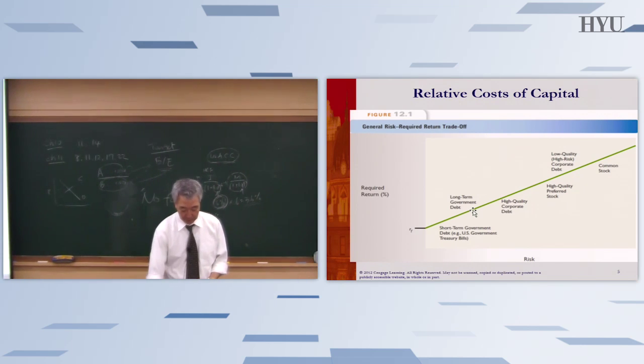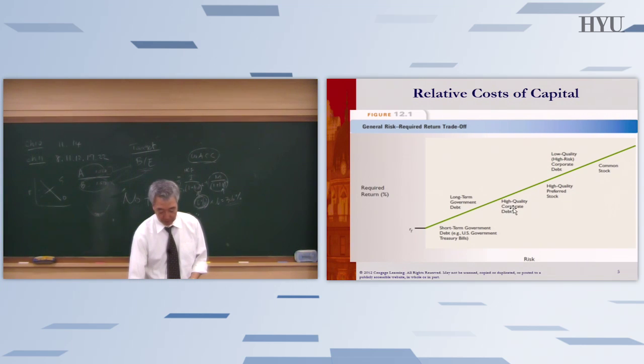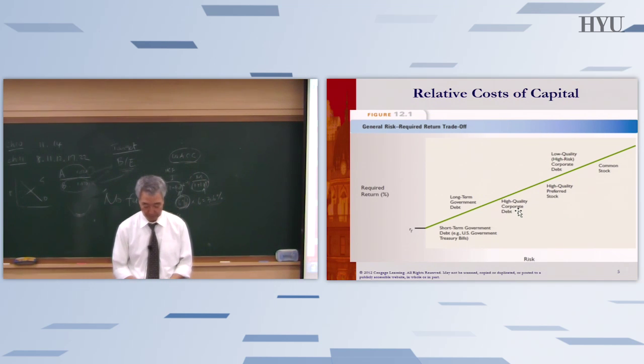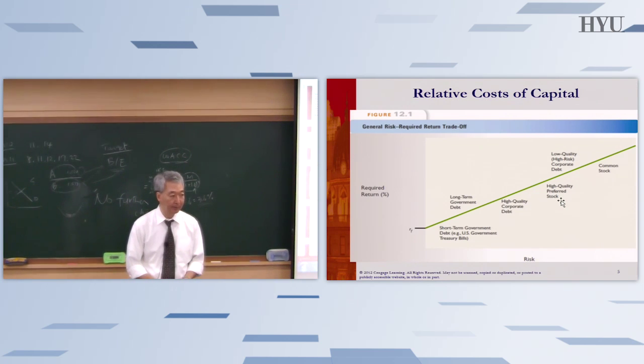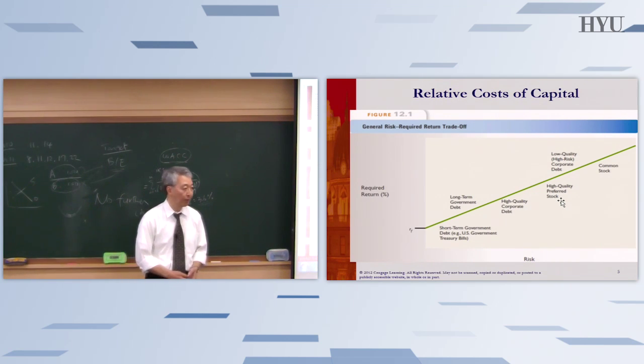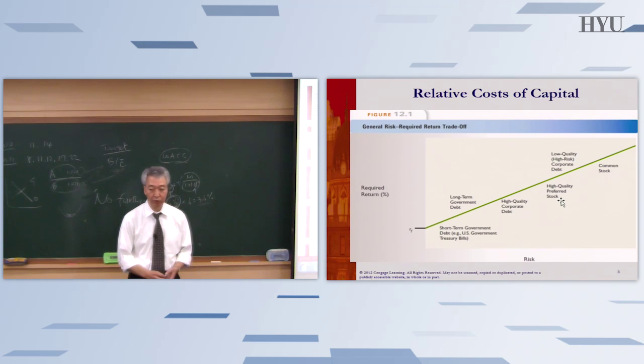And then after that, you have high-quality corporate debt, like AAA or AA corporate bonds. And right after that, you have high quality preferred stock. Preferred stock, you know the nature of preferred stock, right? It is not a debt. Formally, it's not a debt security.